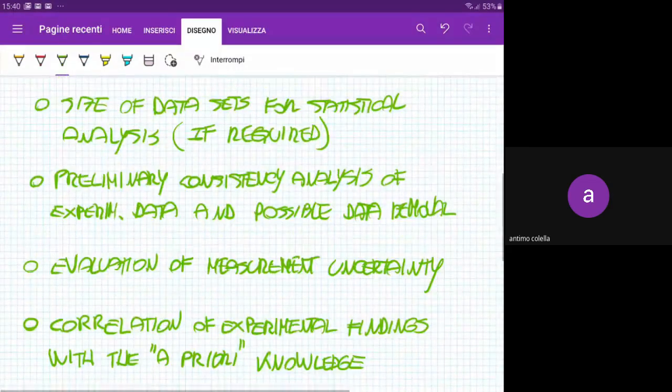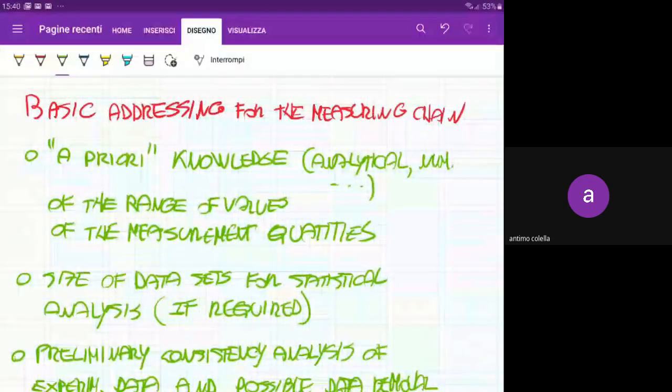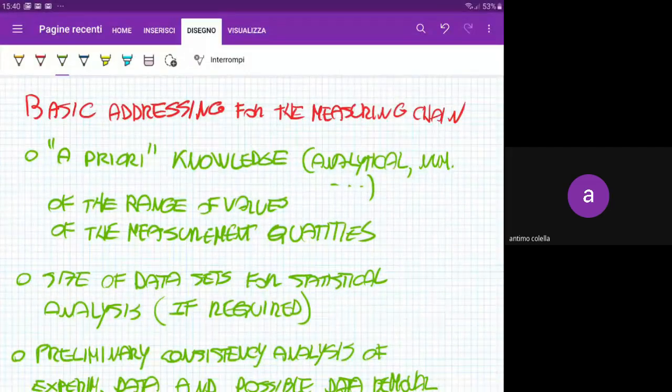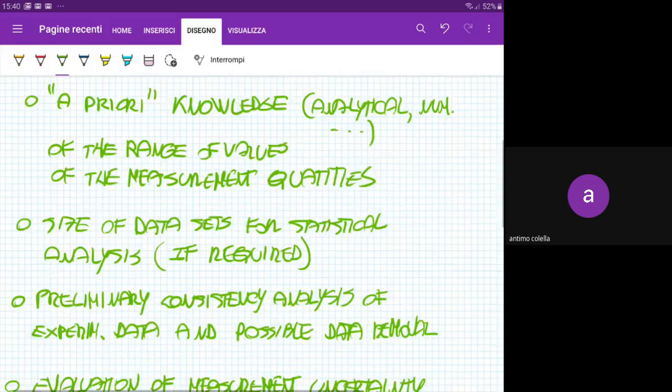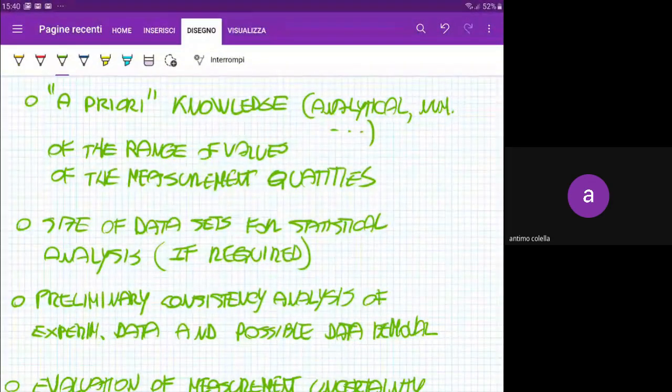Please, this sort of basic addressing for the measuring chain has to be always in your mind, starting from the report that you are going to do to take in your laboratory activities. Okay, because maybe your measurements are okay, but maybe there is something completely wrong that you can't see, and you spend nights trying to justify in writing in your report that your result is good, but actually it's not.